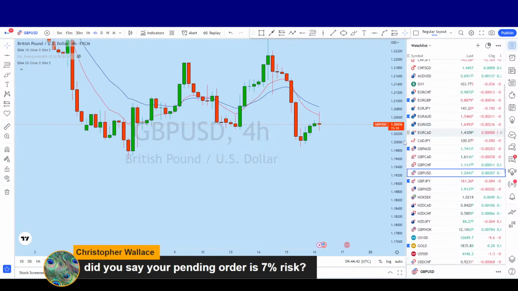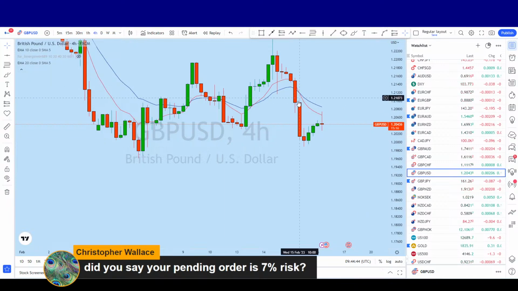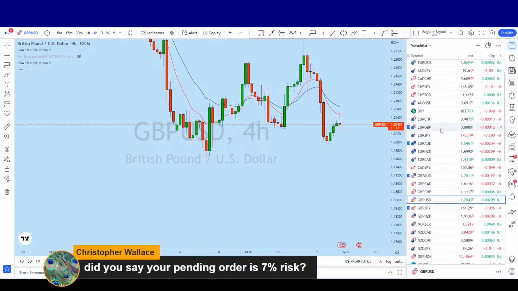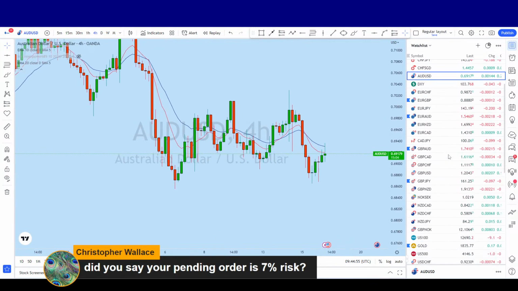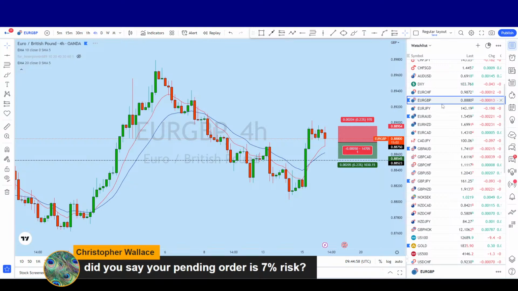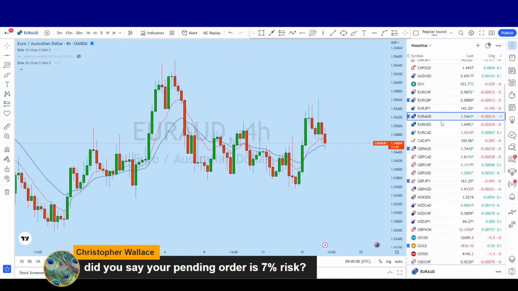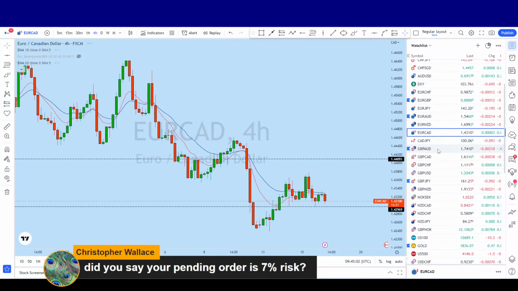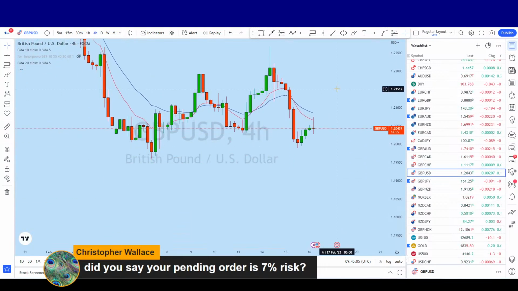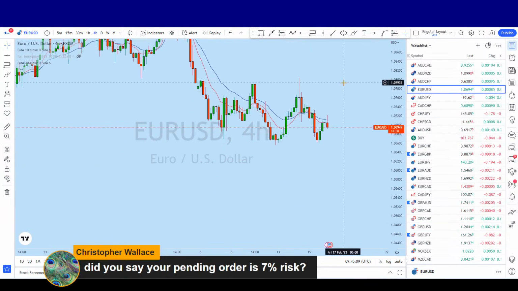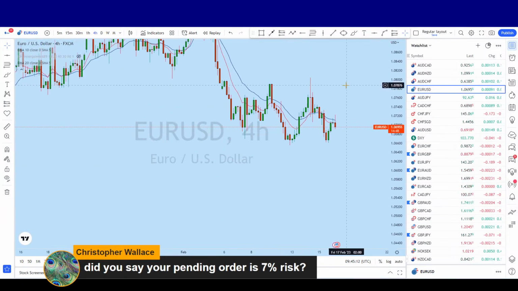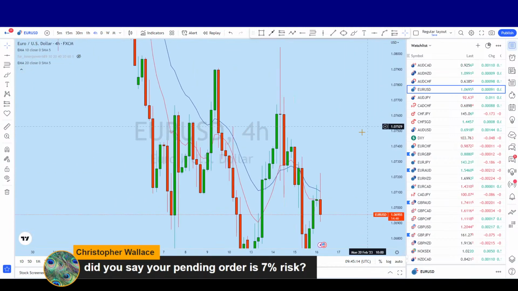On Euro USD, GBP USD, there is also a big drop, and then it's forming a doji here. Let me see which one will be trading again.